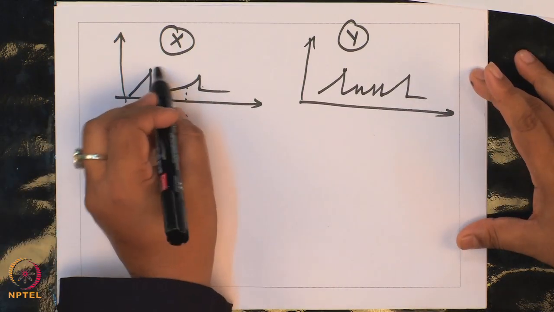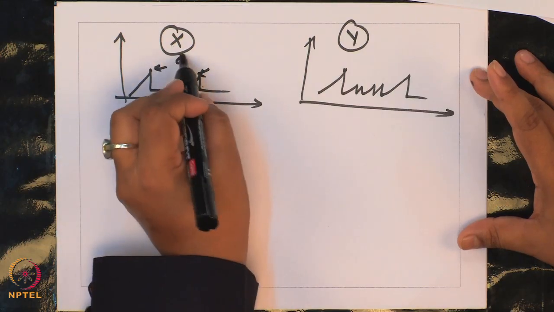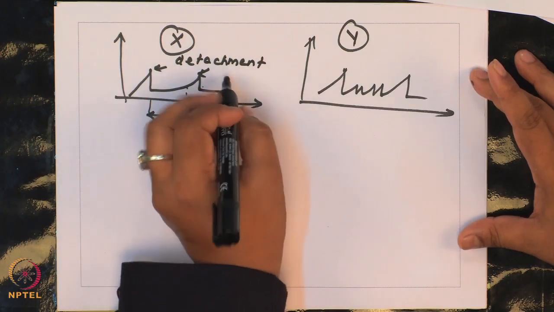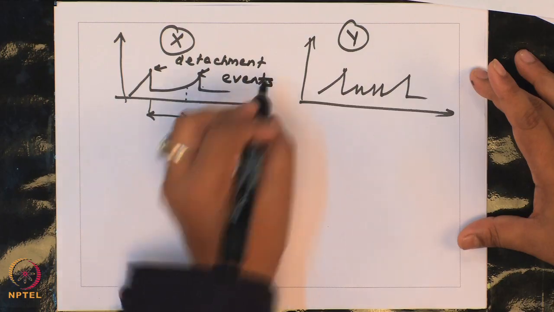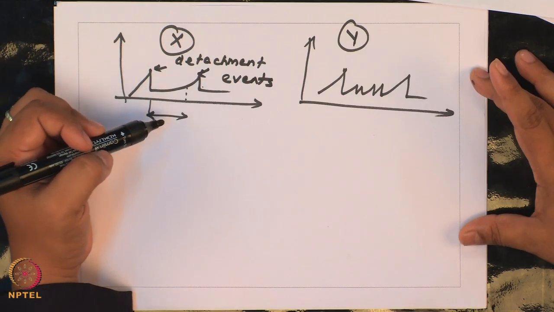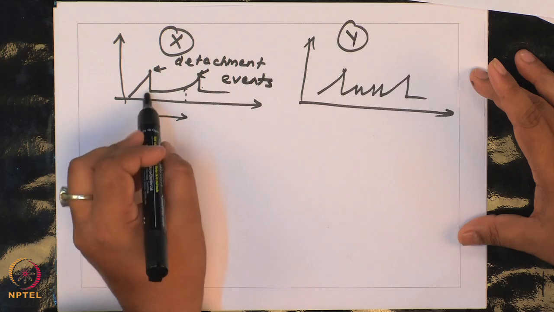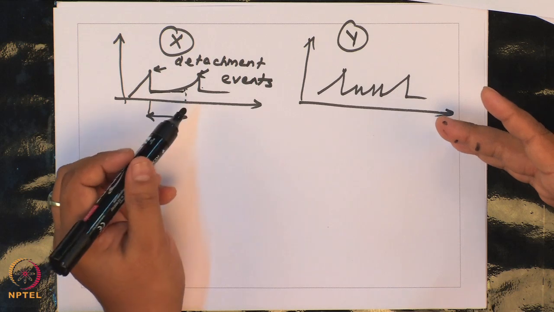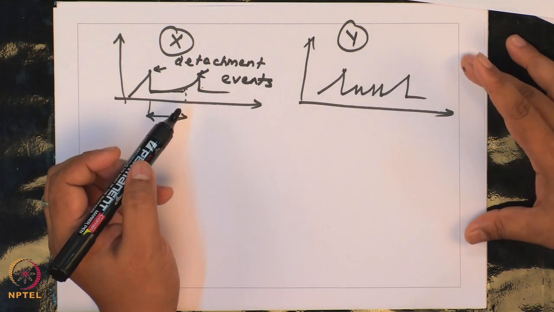Now, you know that these 2 peaks correspond to detachment events, so they do not really come as a consequence of your domain, suggesting that this long stretch in between is the signature representative of your protein construct.